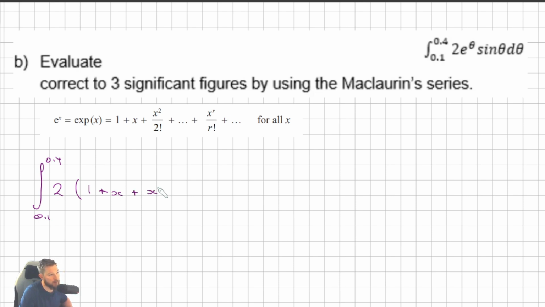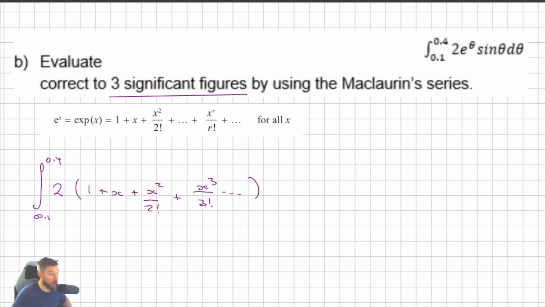What's going to be important is that we need the answer to 3 significant figures, so we need to make sure we include enough terms to get 3 significant figures, and we can think about how that's going to be possible in a moment.